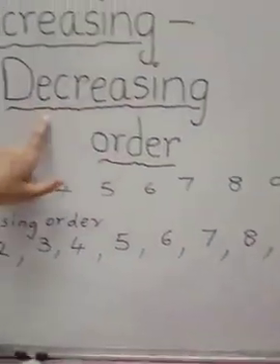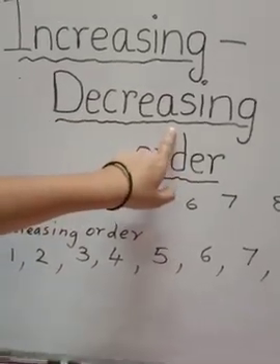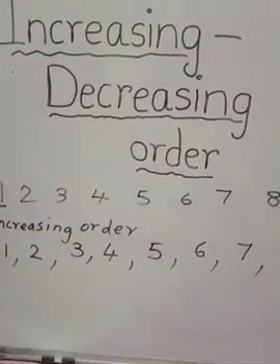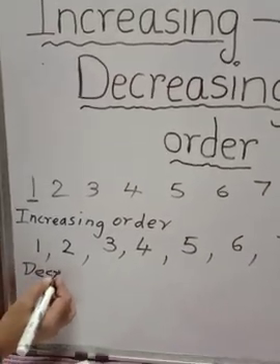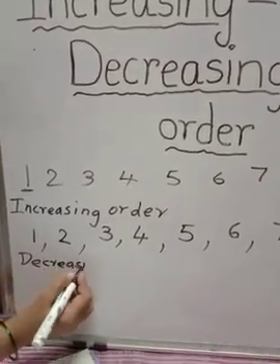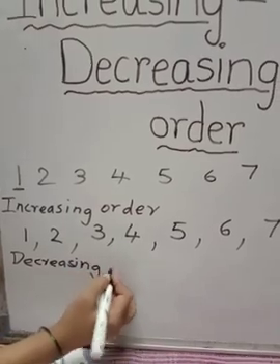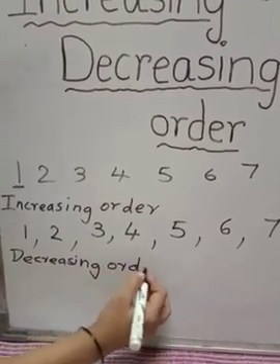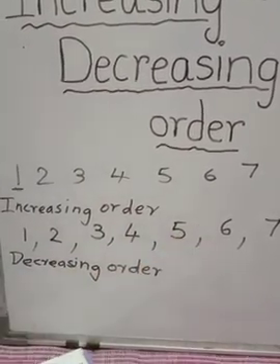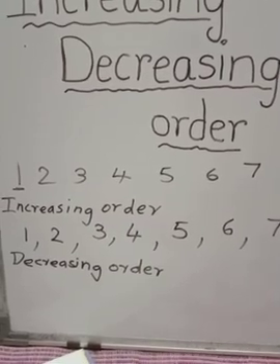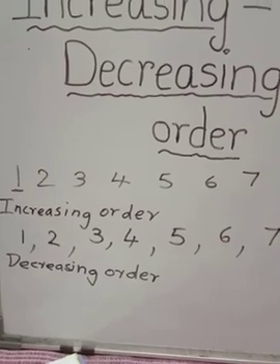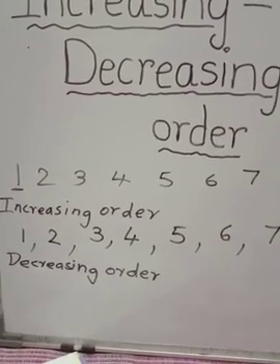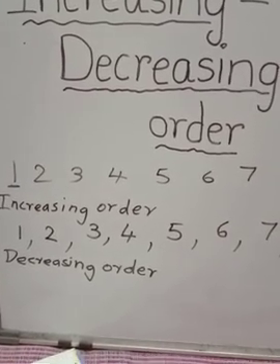Now, what is decreasing order? Decreasing order of numbers 1 to 9. Decreasing order always starts from the biggest number to the smallest number.